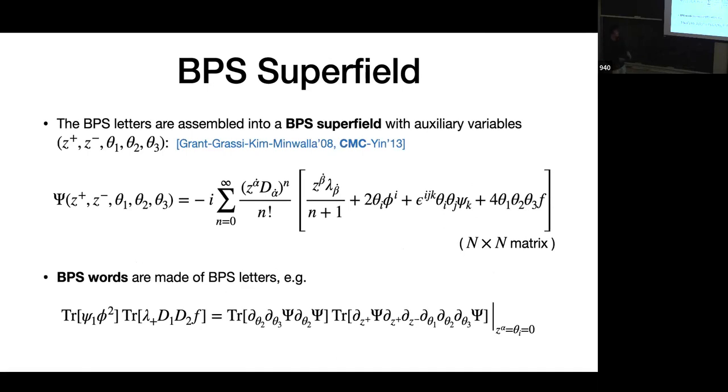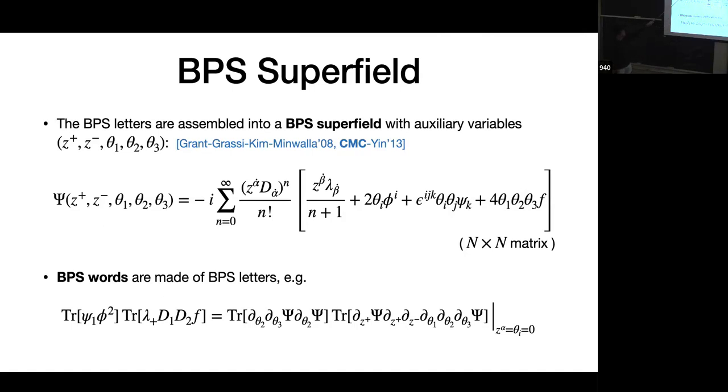We can assemble these BPS letters into a formal combination, which we call the BPS superfield. To do this, we introduce 2 bosonic auxiliary variables, Z plus and Z minus, and 3 fermionic auxiliary variables, theta 1, theta 2, theta 3.